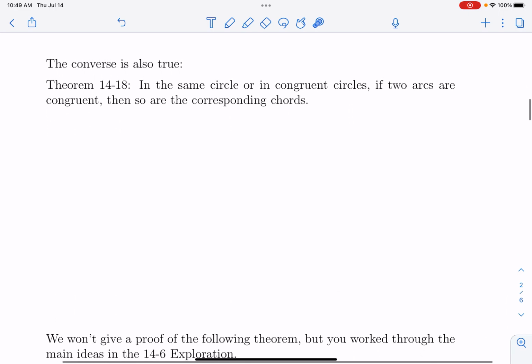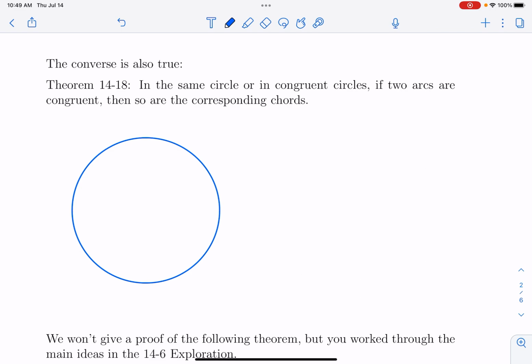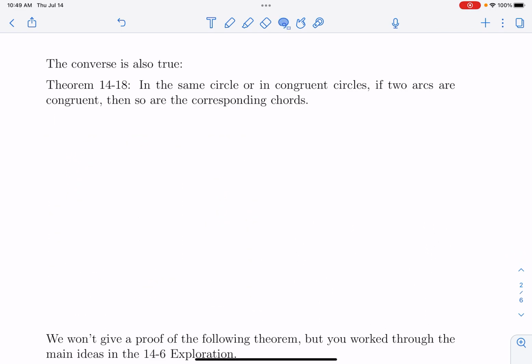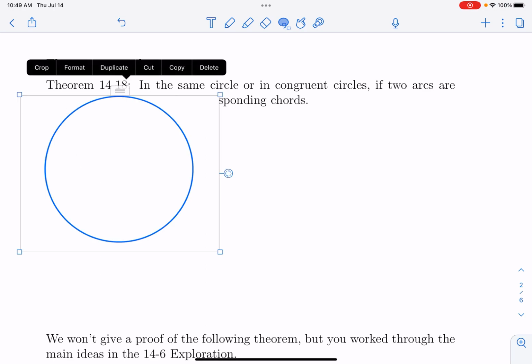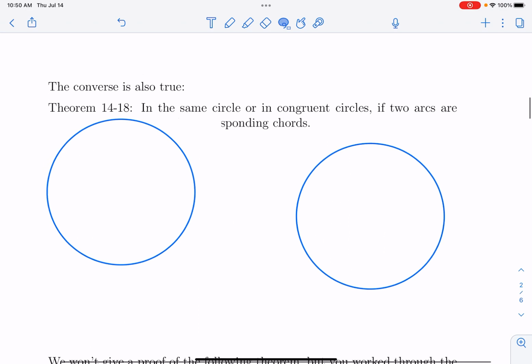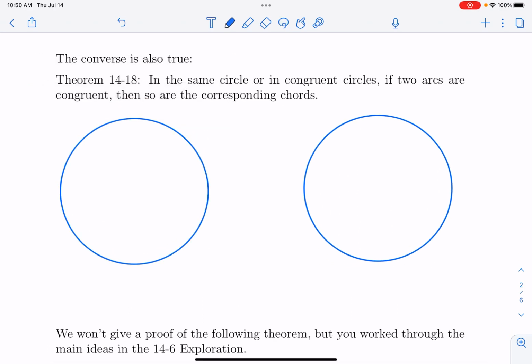Theorem 14.8 is the converse. So let's suppose we have congruent circles, and this time let's assume that arcs are congruent. So maybe I have an arc like so and an arc like so that are congruent.